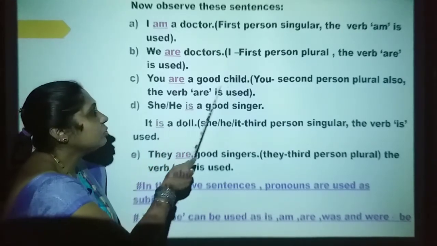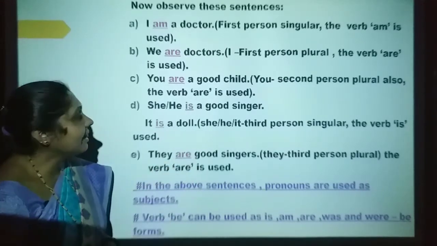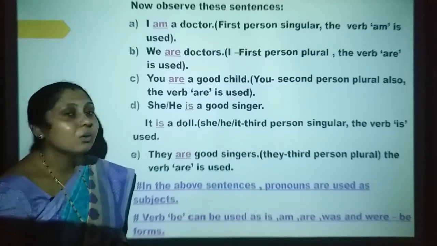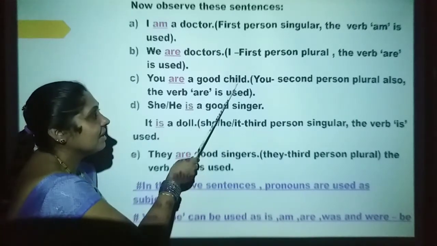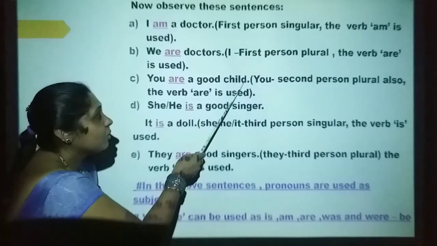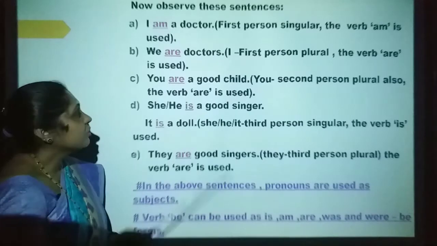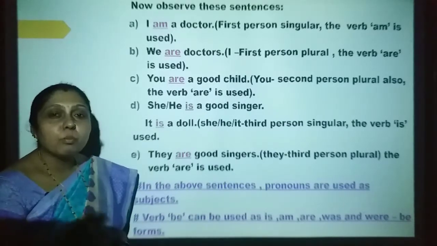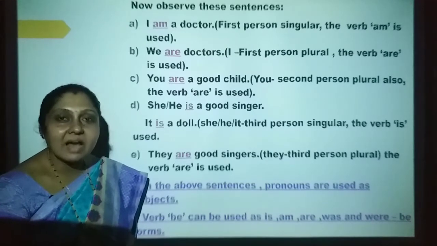You are a good child. You are good children. You can tell that also. Where do you see the change? You will see the change only in the form to which or to whom you are referring, child or children. So, you is used both as the second person singular and plural.